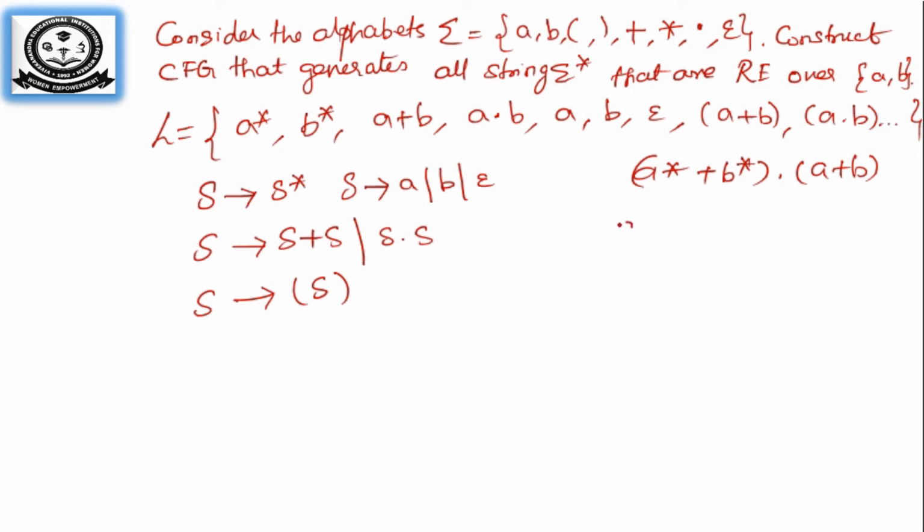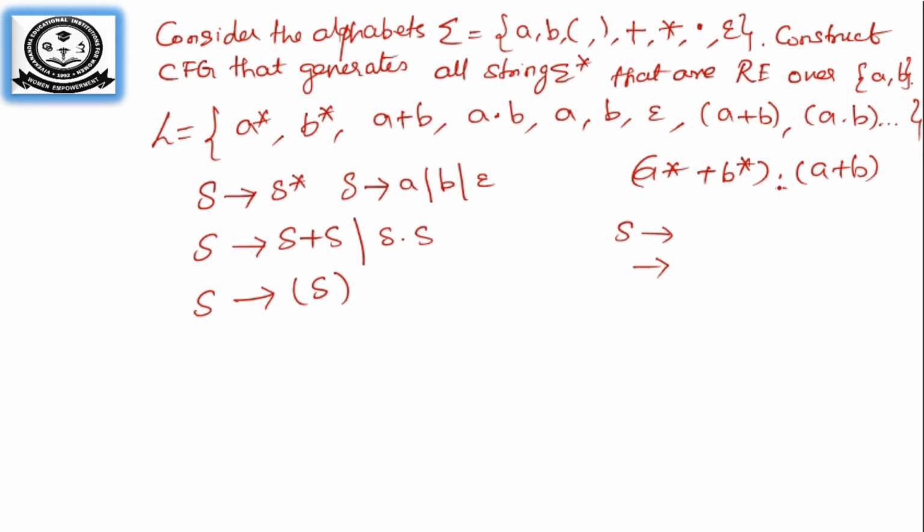So we'll start with s tends to open bracket s. Instead of s I can substitute s plus s. No, we have to do it in the concatenation, so we'll just remove this.